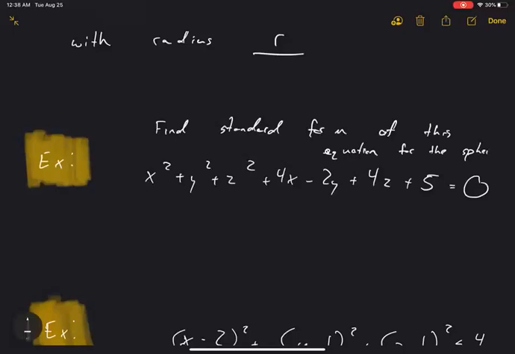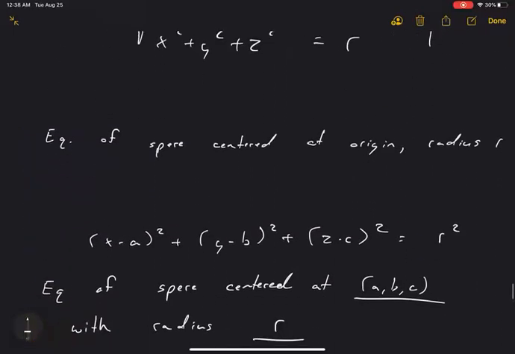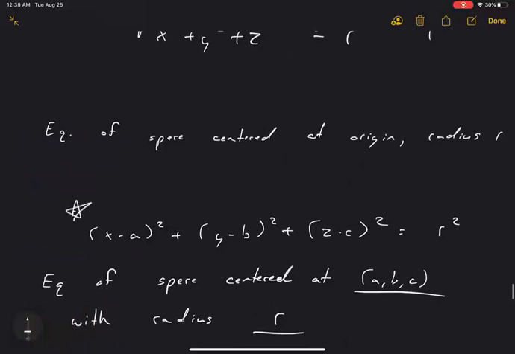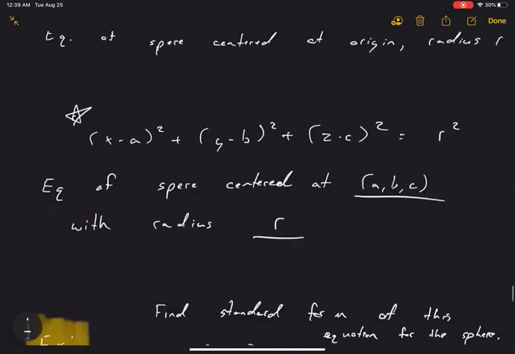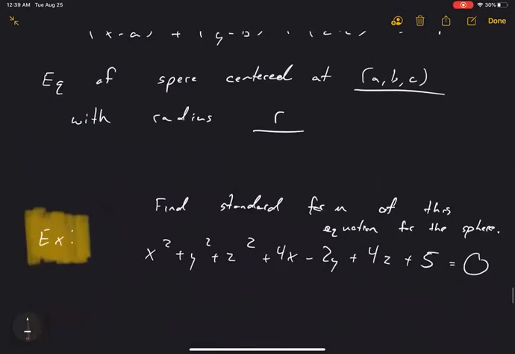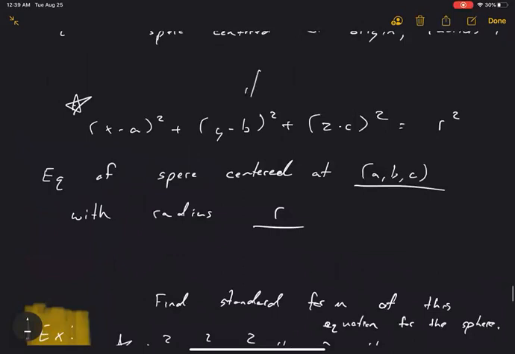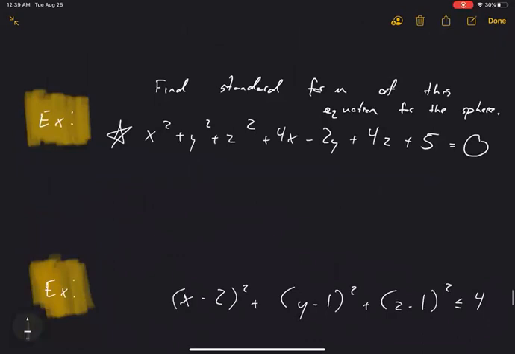So this is telling us this is the equation of some sphere, and this is the standard form of it. This is how we like to write these equations of spheres. Basically, the problem gives us this equation for a sphere, and they want us to rearrange it into this form. So how can we do that?